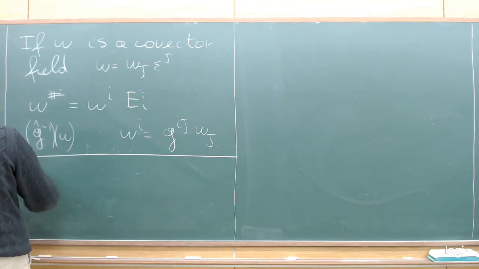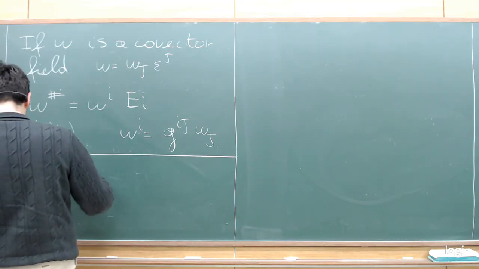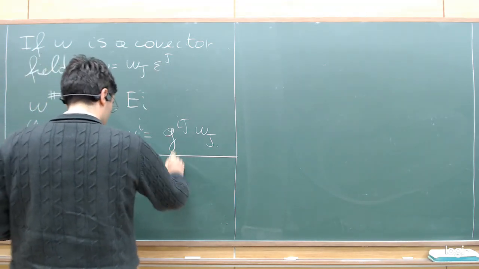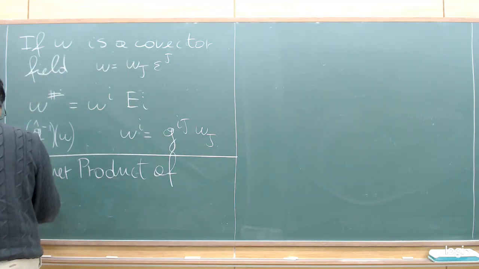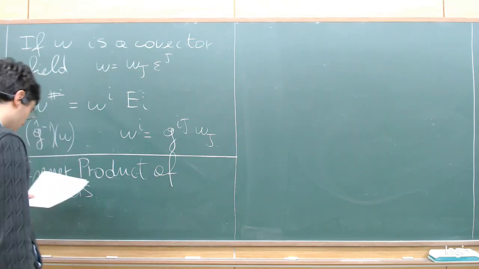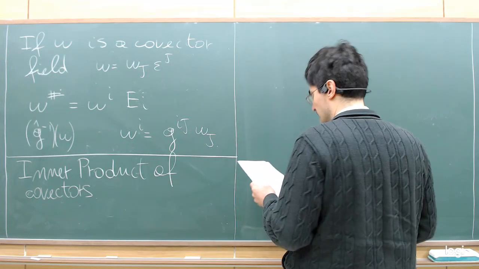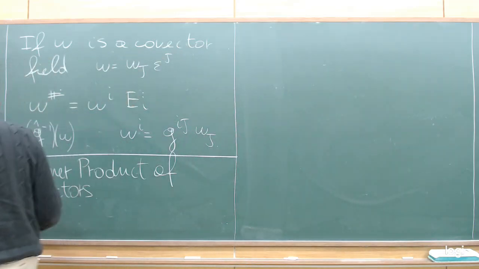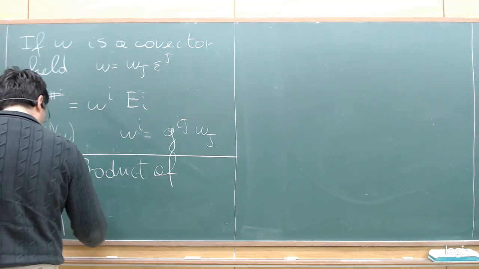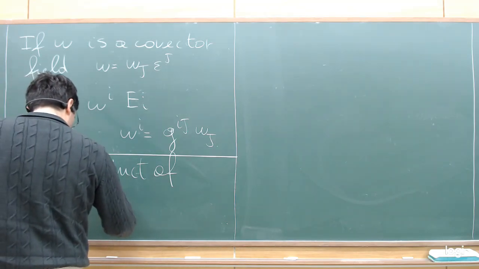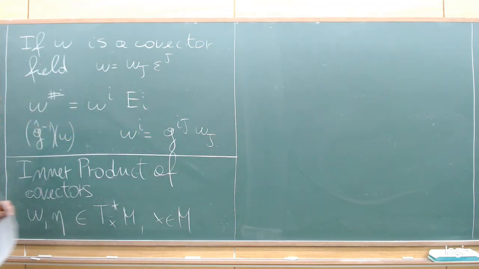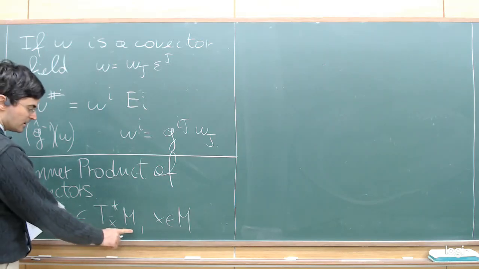Now let's give the definition of inner product of covectors. So suppose that omega, eta are elements of T x star M, where x is a point of M. This notation I think is clear.